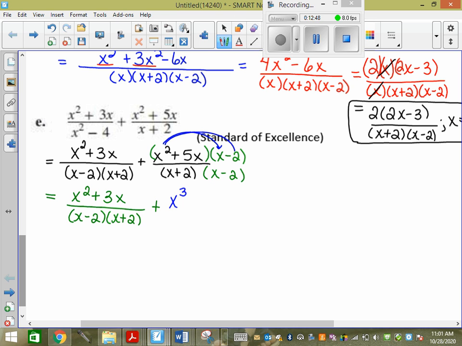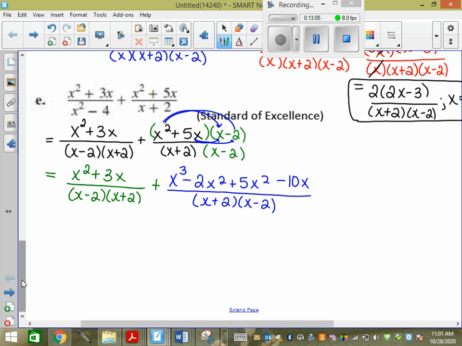X squared times negative 2, which is negative 2x squared. Plus 5x squared, minus 10x, all over x plus 2, x minus 2. Same denominator, so I can write it over it, and my whole numerator I can write together.